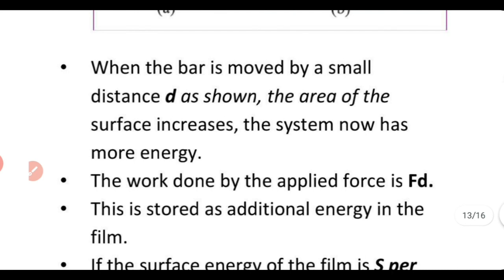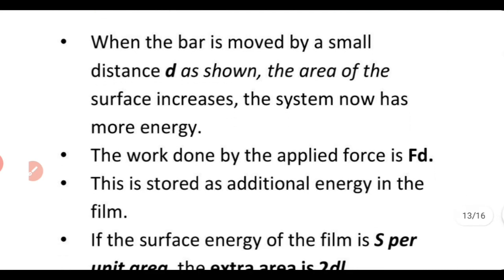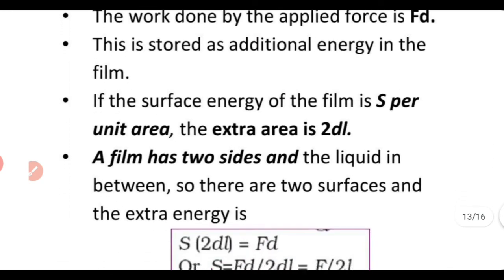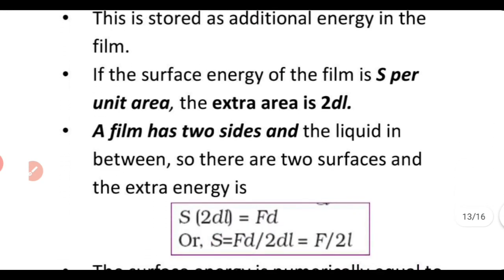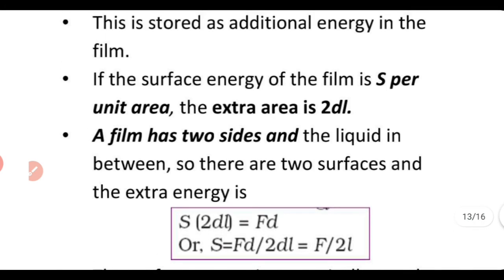The work done by the applied force, F into d, is stored as the increase in energy, that is S into 2dl. So we can write F into d is equal to S into 2dl. So S is equal to Fd divided by 2dl, or d and d get cancelled, and we have F by 2L.